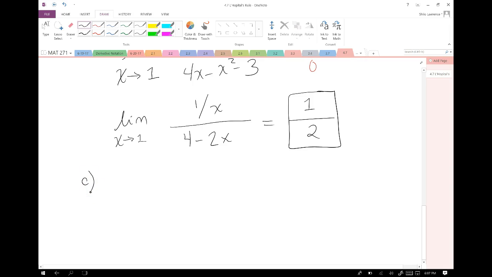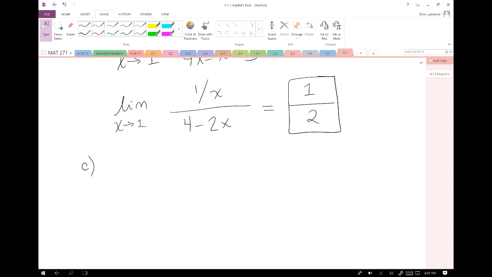And let's look at one with some trigonometry in it. The limit as x approaches 0 for 3 times the sine of 4x over 5x.